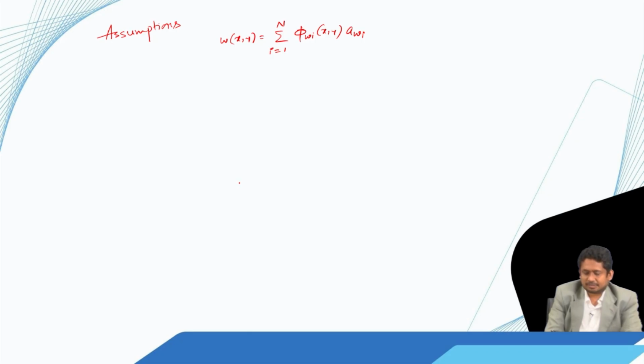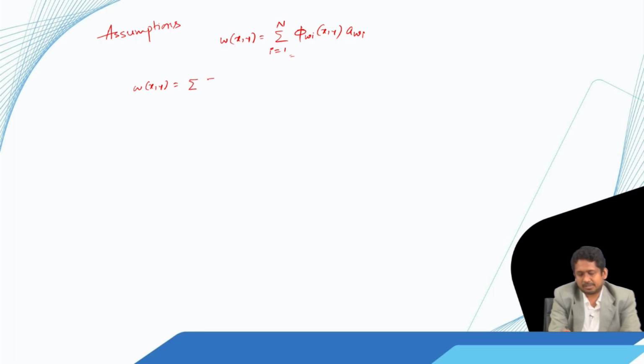Now, here what we will do is we will assume this as a double summation. So, instead of a single summation here, we will make a double summation in the form of double trigonometric series.